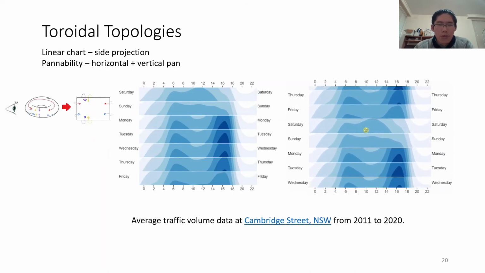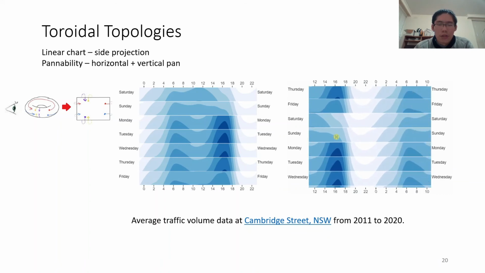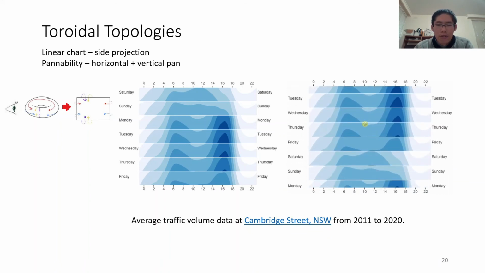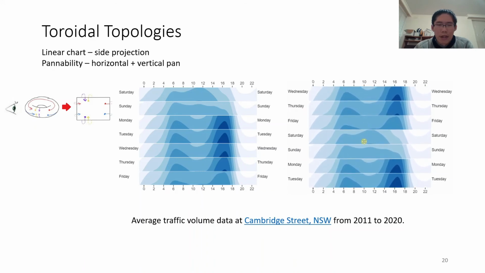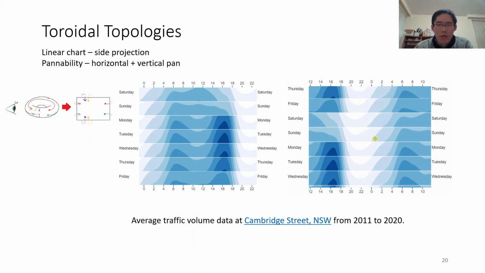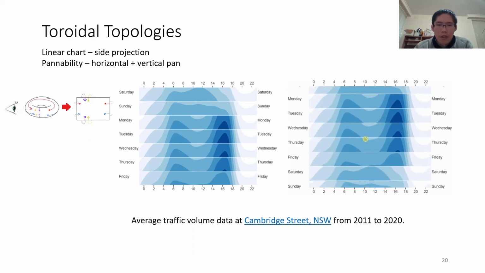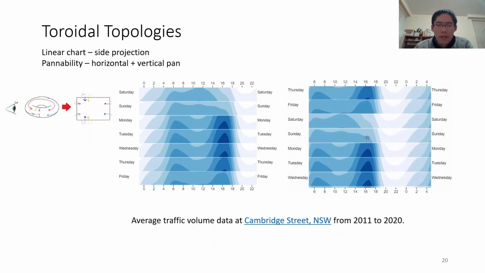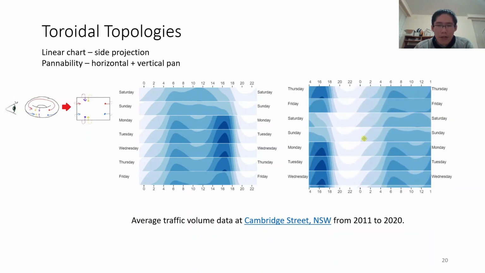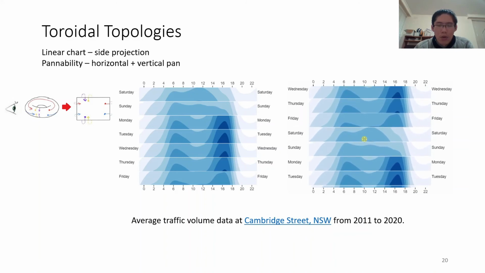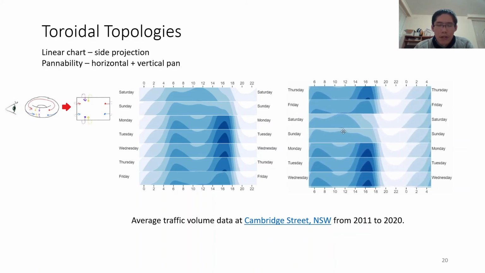Cyclical data with two dimensions, such as average traffic volume by hour in the horizontal axis and by day in the vertical axis, can be represented on the torus topology. Torus wrapping allows us to see cyclical patterns across the day from 11 p.m. to 1 a.m. or across the week from Saturday to Monday.